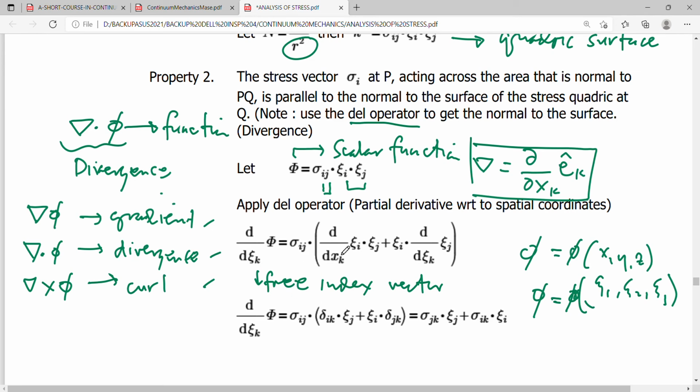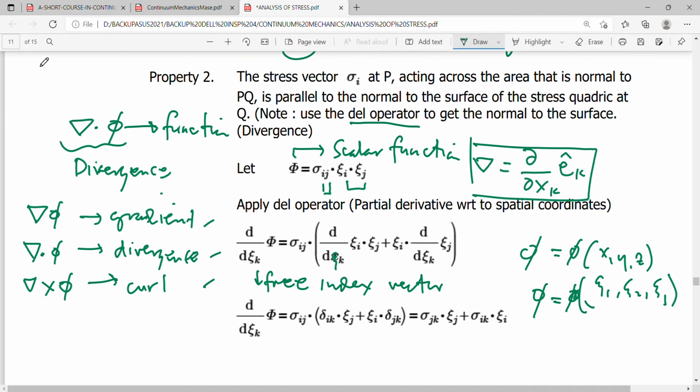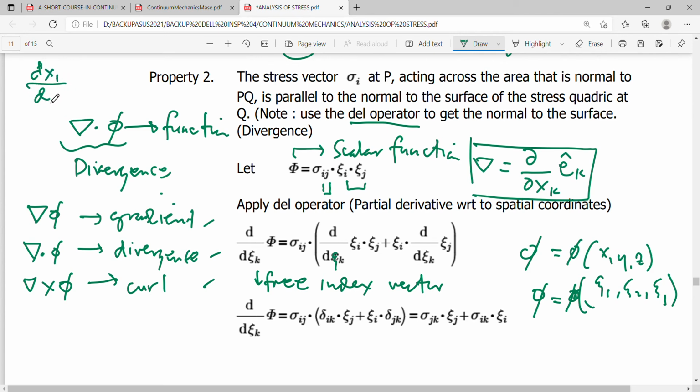If I multiply sigma ij with this using property number 2, then I can simply take the derivative of a vector position with respect to, sorry, this is not x, but the xi symbol. So the derivative of xi i with xi k is an identity matrix. Still remember that if I differentiate x1 with respect to x1 is equal to 1.